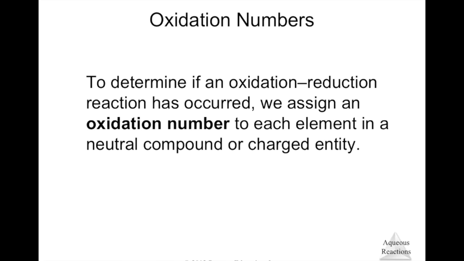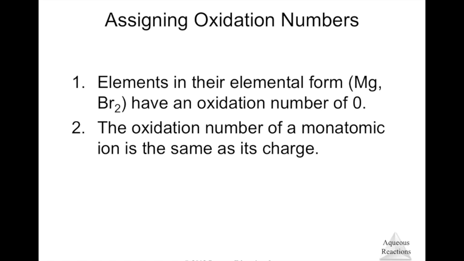To determine if an oxidation-reduction reaction has occurred, we've got to look at the oxidation numbers to see if they change. And so here's how to do that. Basically, when you're assigning oxidation numbers, elements in their elemental form, so if it's just like magnesium or bromine, remember it's a diatomic molecule, have an oxidation number of 0.